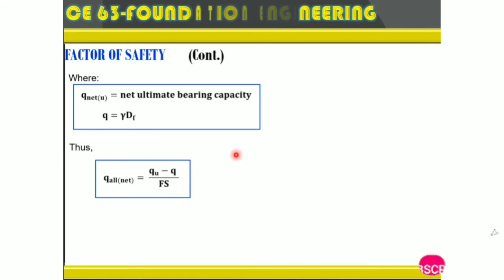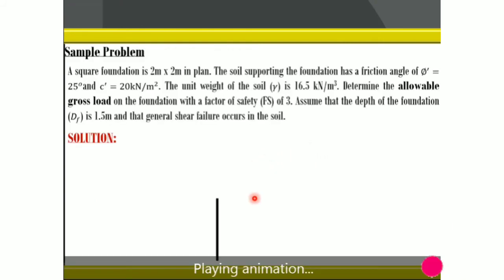So this is the discussion of the Terzaghi bearing capacity theory and the factor of safety in the design of your foundation, considering the allowable Q, the ultimate Q, the small q, which is equal to the unit weight of soil times Df, and also the factor of safety.